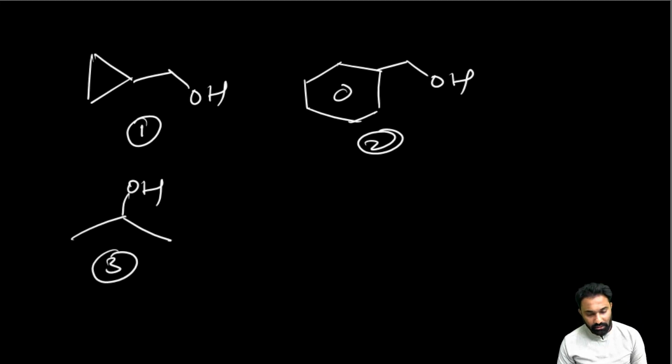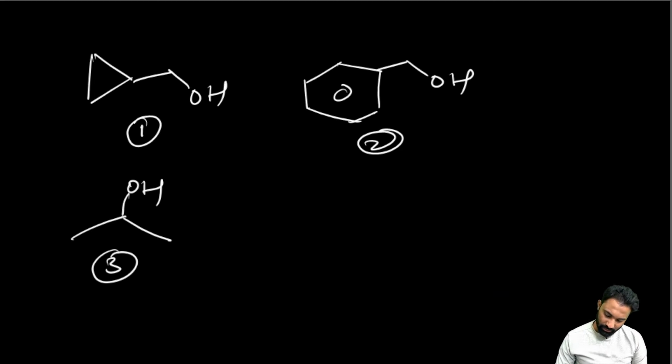Among the 1, 2, 3, which one will give you the instant turbidity? Which among the following will give you the instant turbidity, and the order? Order I was asking.